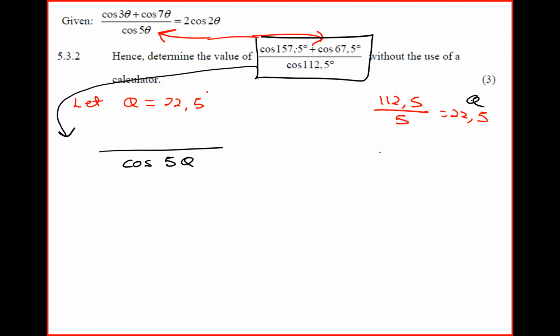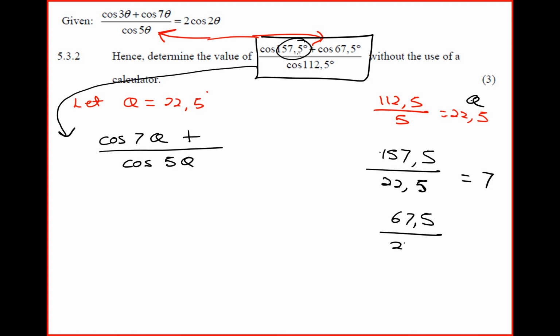Then on the top, I've got cos 157.5. And if we take the 157.5 and divide it by 22.5, you can use your calculator, which is now representing theta, that'll give you 7. So that becomes cos 7 theta plus, then we have cos of 67.5.